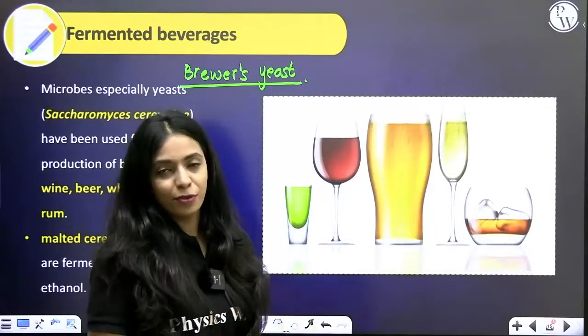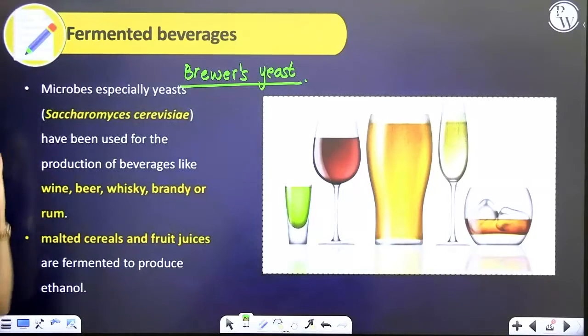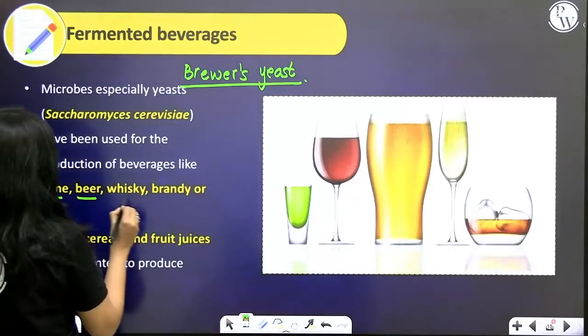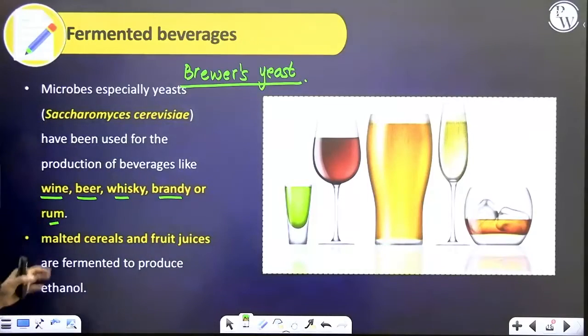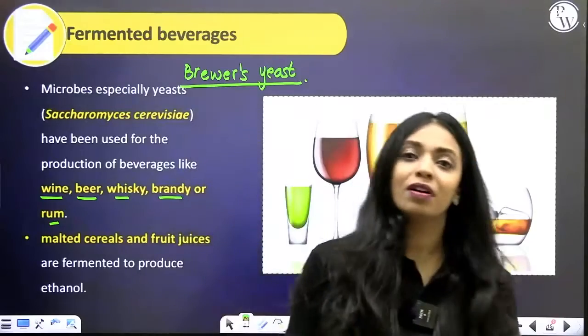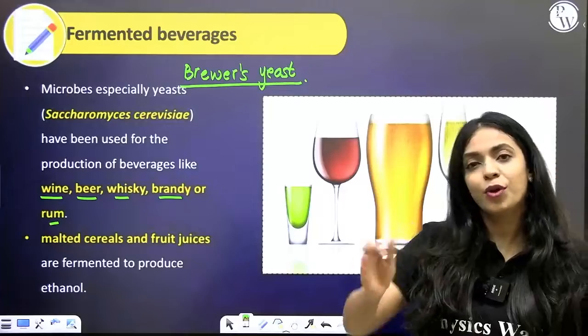So yeast can perform that under anaerobic conditions, and for the same reason they have been used for centuries for the production of alcoholic beverages like wine, beer, whiskey, brandy or rum. All of these are formed because of the fermentation activity of Saccharomyces cerevisiae or brewer's yeast.